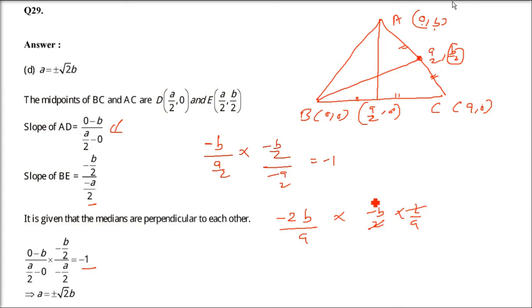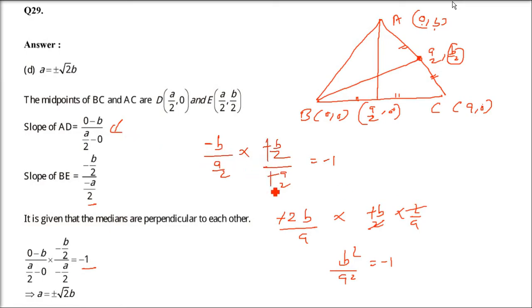The minus signs get cancelled on the left and right, everything will be positive. So it's 2b by a, actually it's b square by a square because b by a comes again. So 2b square by a square equals 1.